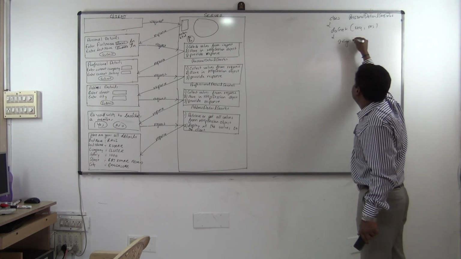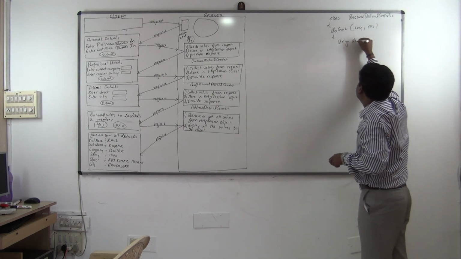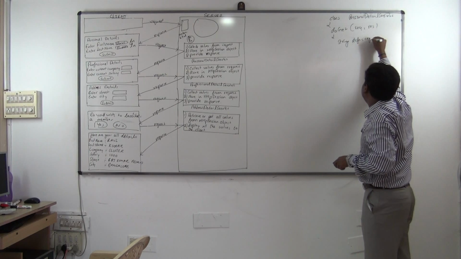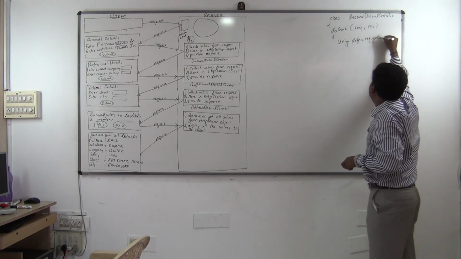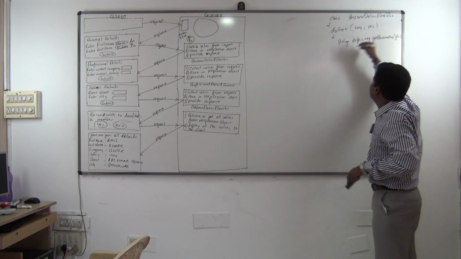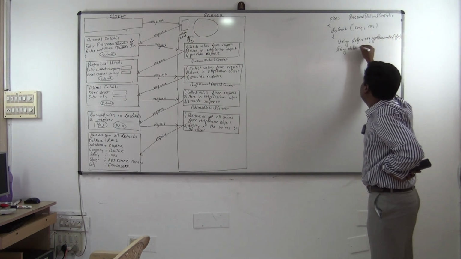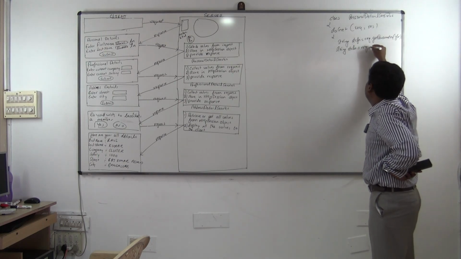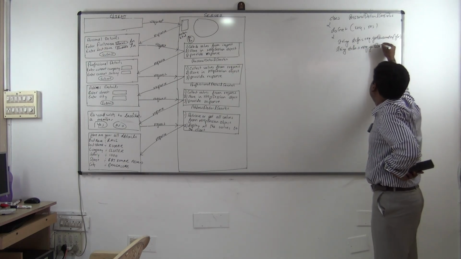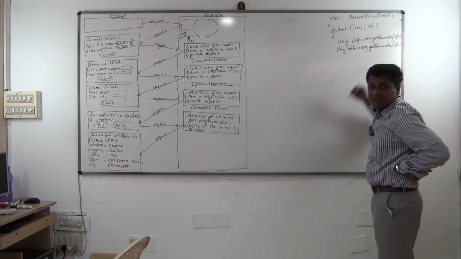String strFirstName is equal to request.getParameter of fn. Get the value. Similarly, String strLn is equal to request.getParameter of ln. Get the value. Simple. You know how to.